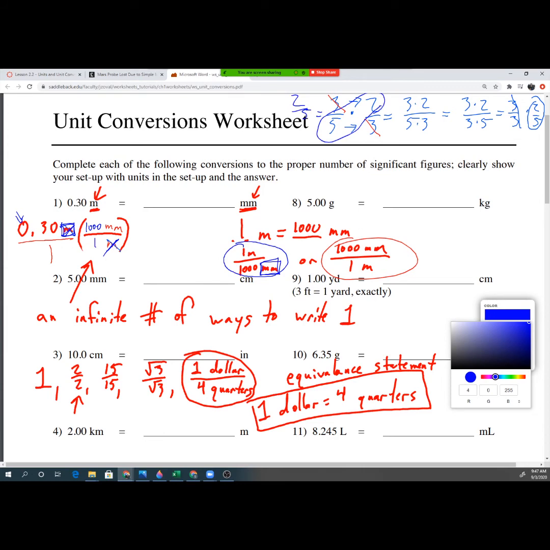My units have canceled. I can see here that what I'm left with is 0.30. My meters have gone away. I've got 1s on the bottom, so I'm going to ignore them. And I'm multiplying it by 1,000 millimeters. And what's super convenient about the metric system, you just count how many zeros there are.